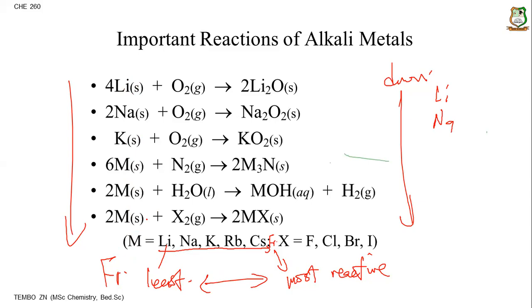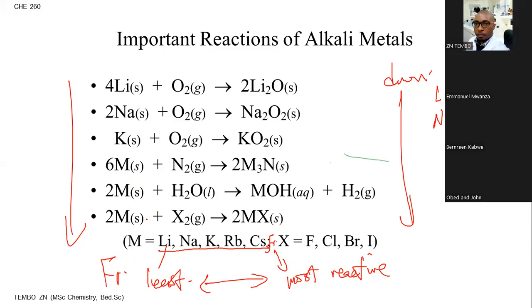I don't know whether you have gotten that point. So if you're going to compare group 1 and group 2, all the group 1 metals are more reactive than the group 2 and the transition metals. But if you're going to compare them amongst themselves, then reactivity increases going downwards, due to those factors that I think I did mention to you, if you remember very well.